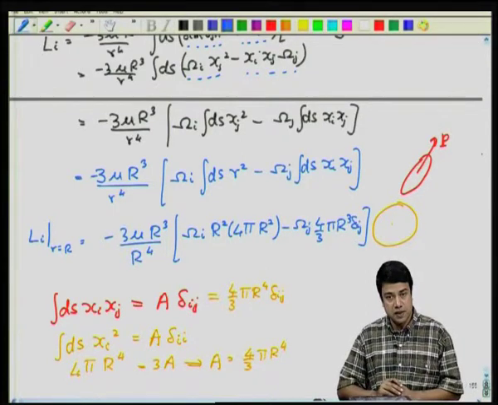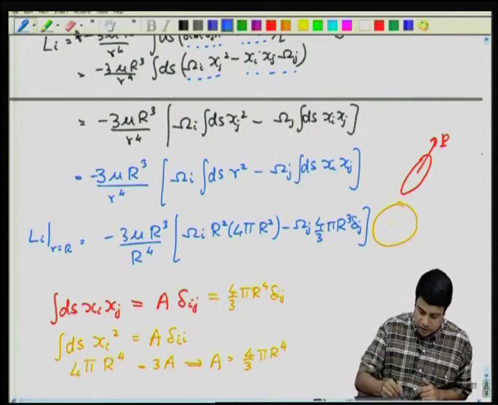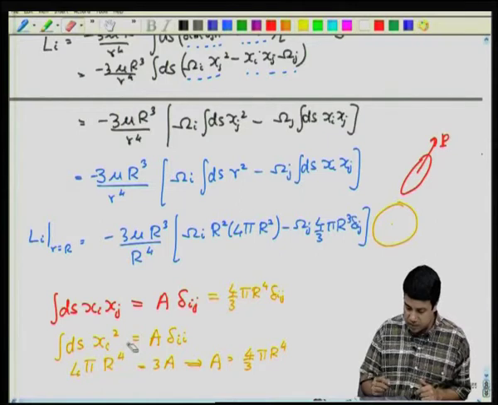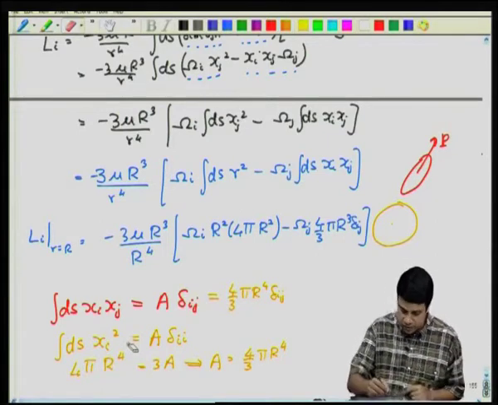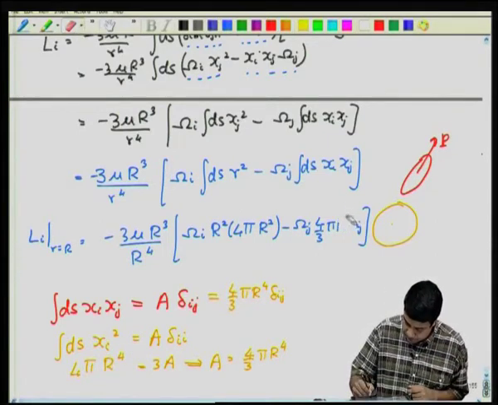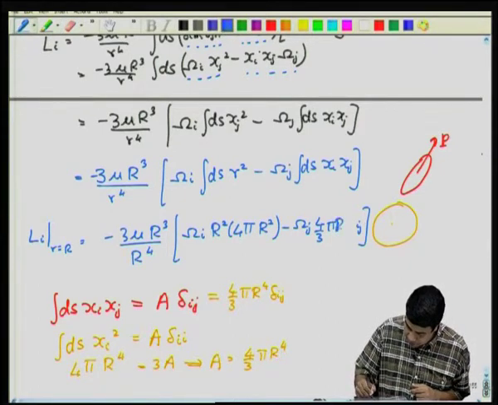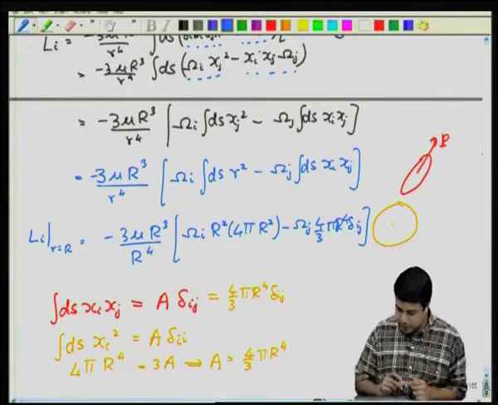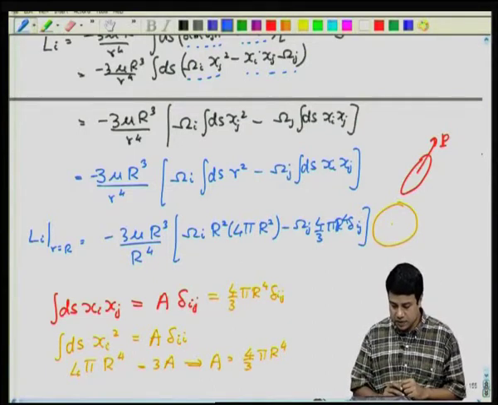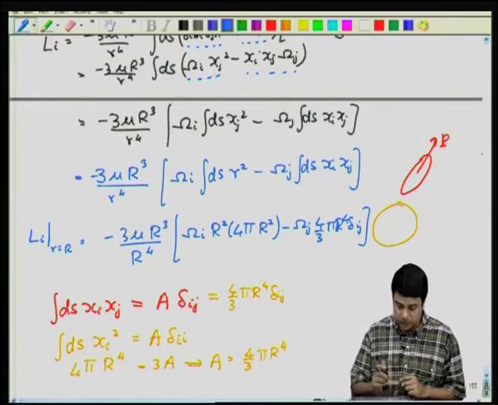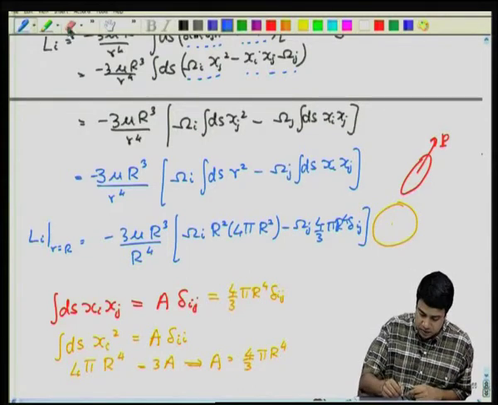Omega j times delta ij is just omega i. So, this 4 pi r power 4 times delta ij minus 4 by 3 pi r power 4 delta ij, this gives me 8 by 3 pi.